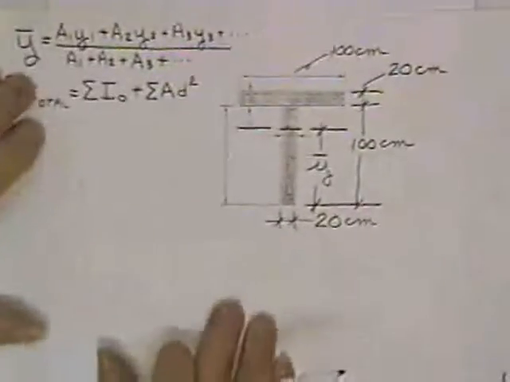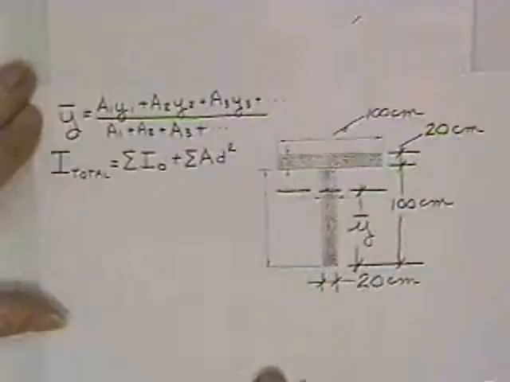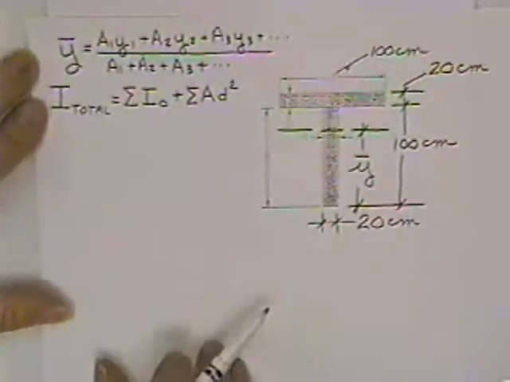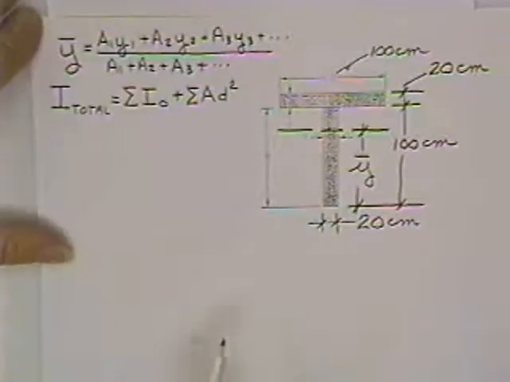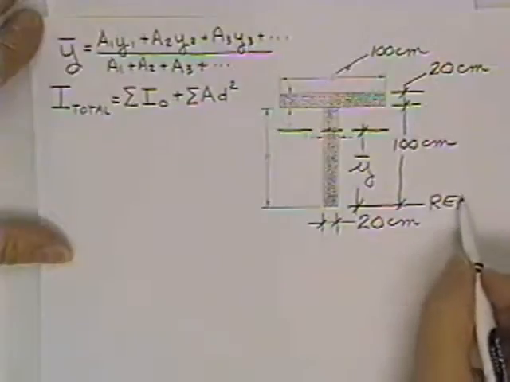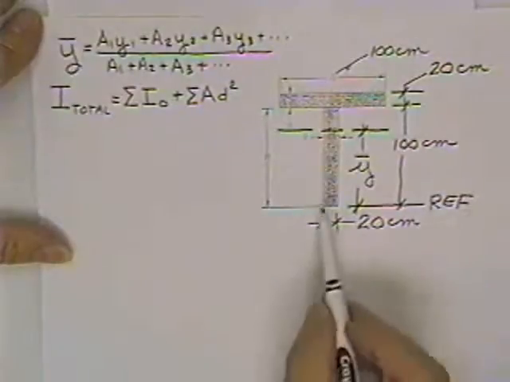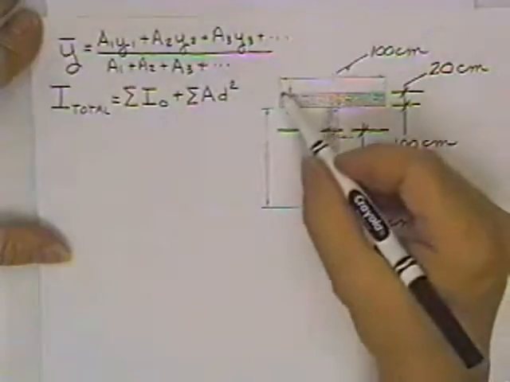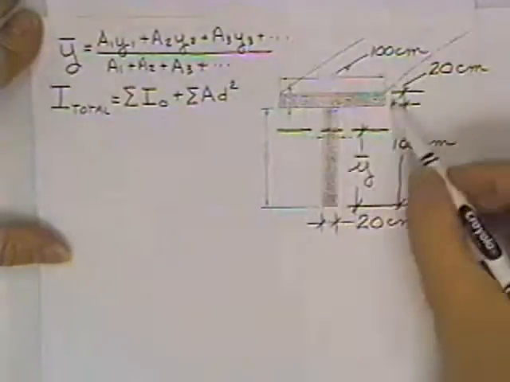Now, back to being able to find the centroid of a piece. We discussed this in the static section, but just to refresh your memory, you should draw a reference axis at the base of the figure. Incidentally, this is the end view.